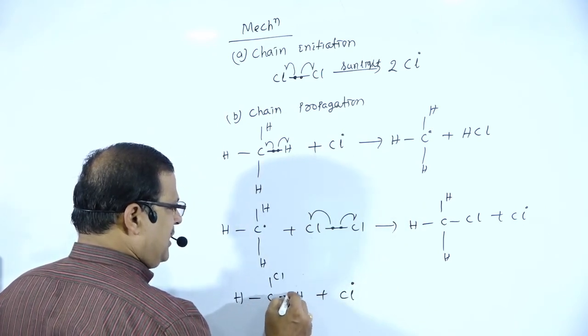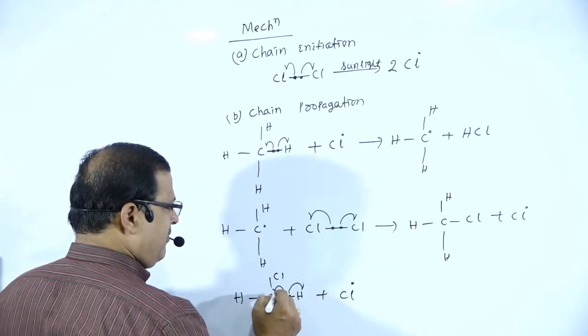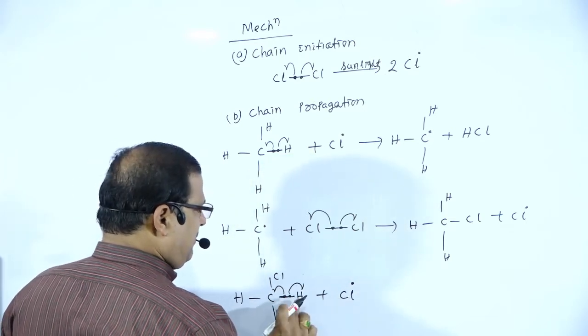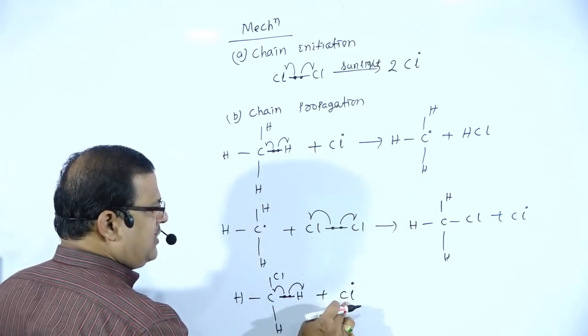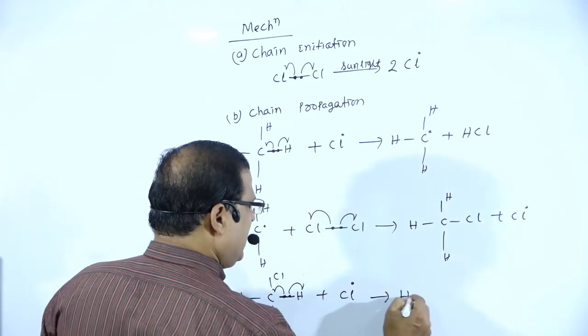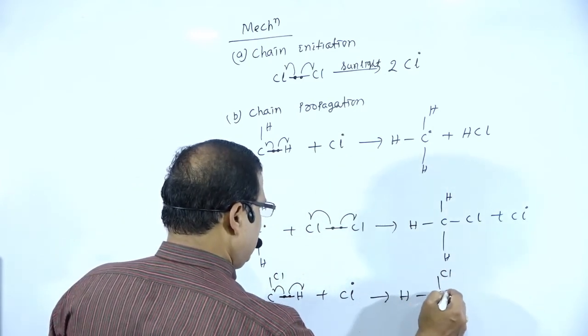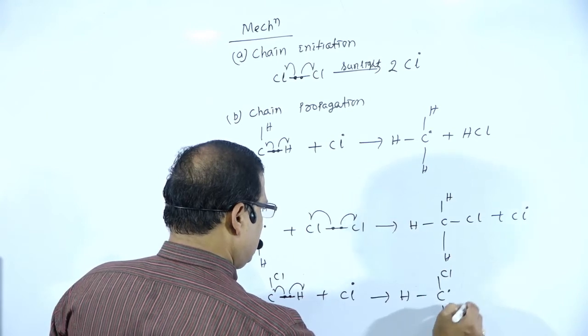So there is homolytic cleavage, and the formation of H dot and Cl dot to form HCl, leaving H2C Cl dot plus HCl.